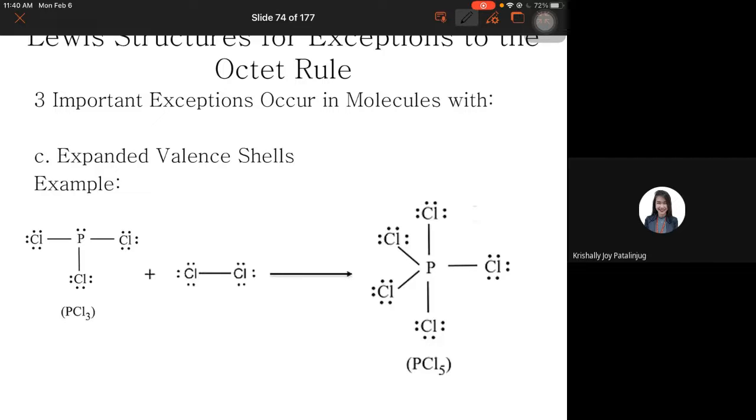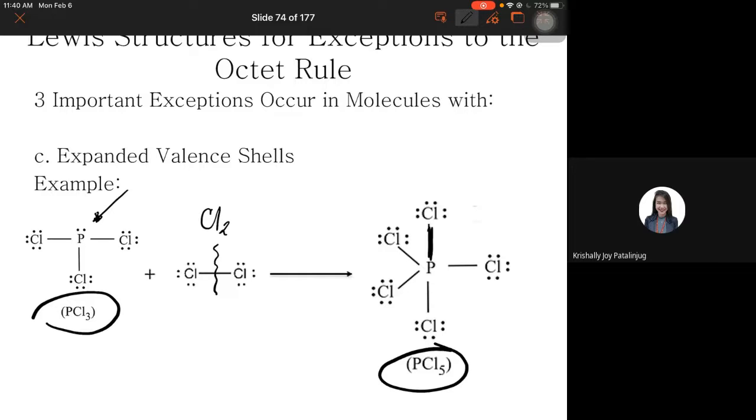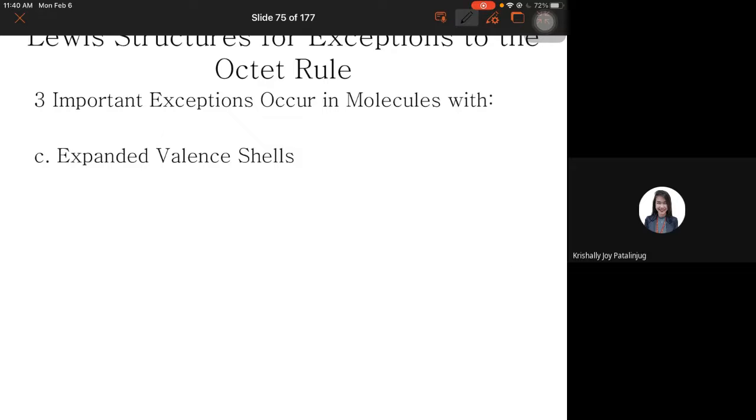Ito lang din yon. Yung phosphorus trichloride, central phosphorus attains octet, but what if it is reacted to another chlorine gas? So you would have additional bonds to 2 more chlorines. Okay, that's why you will form phosphorus pentachloride.